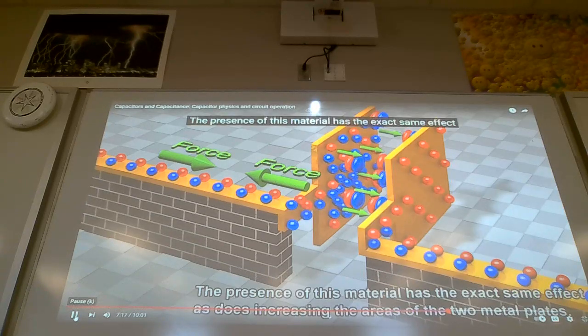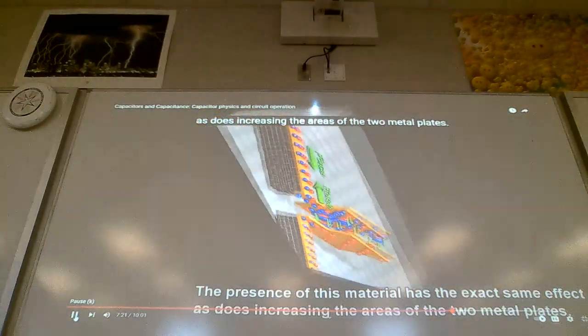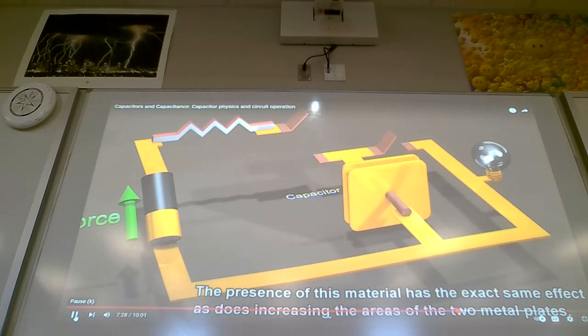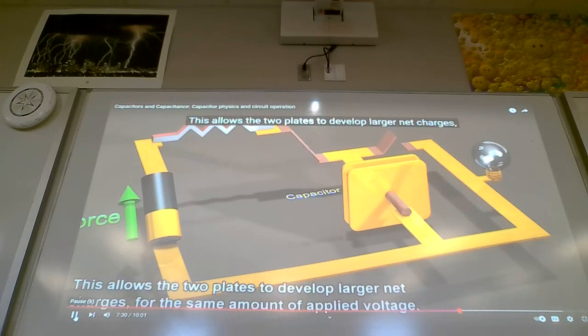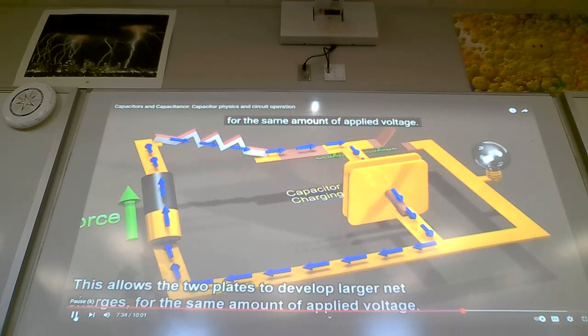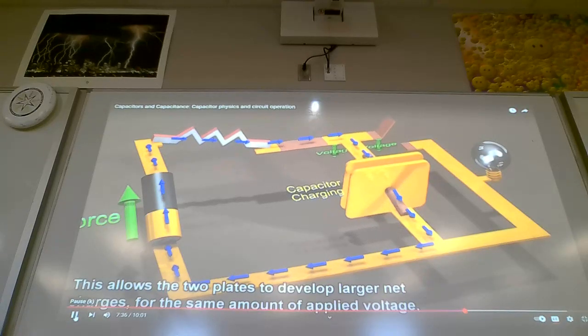The presence of this material has the exact same effect as increasing the areas of the two metal plates. This allows the two plates to develop larger net charges for the same amount of applied voltage.